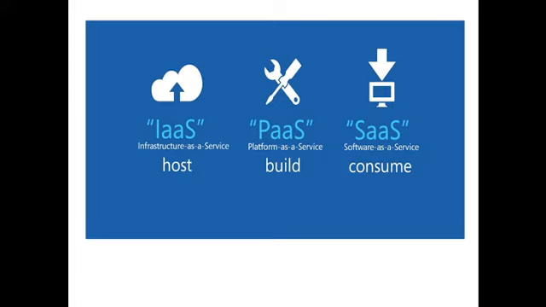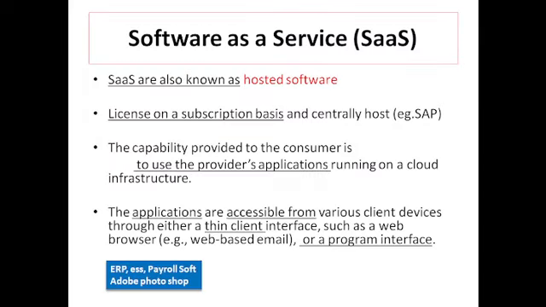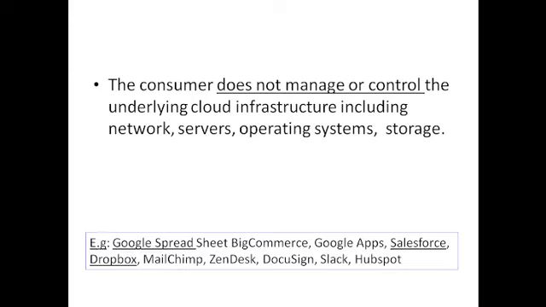So we can say IaaS as a host and PaaS as a build and SaaS as a consume. So software as a service can also be said as hosted software. So license on the subscription basis and centrally hosted. So we can say the examples for software as a service are ERP, payroll and Photoshop, like that we can say it as a software as a service.